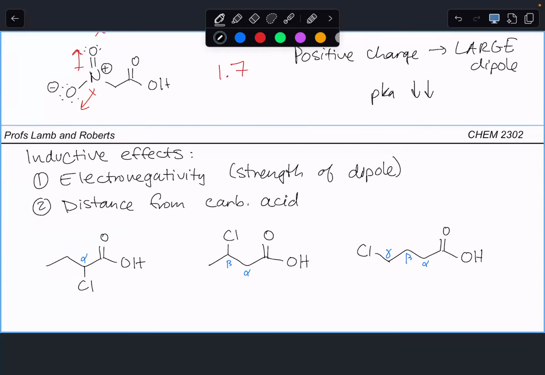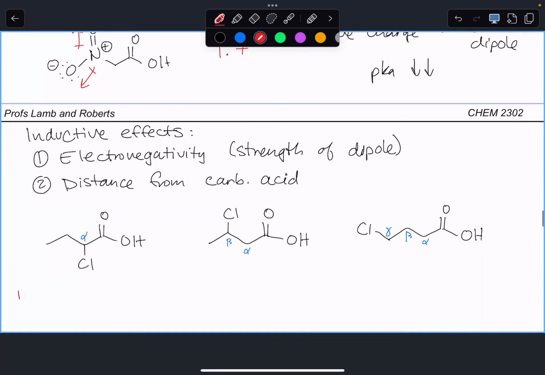Okay. So we compare the pKa's of these three. The alpha carbon has a pKa of 2.8. Beta carbon, 4.1. Gamma carbon, 4.5. Okay, so what does that mean?